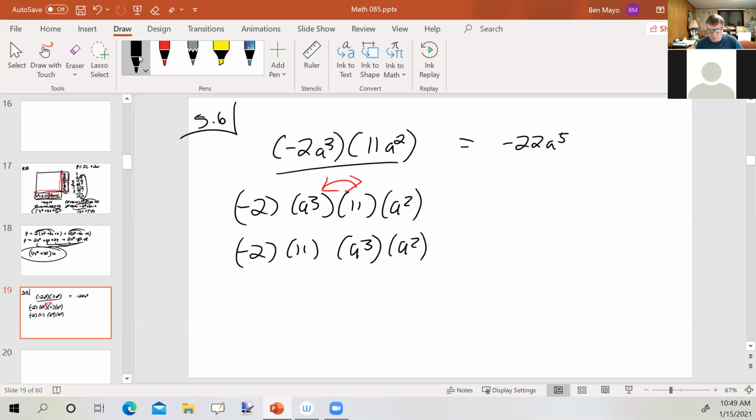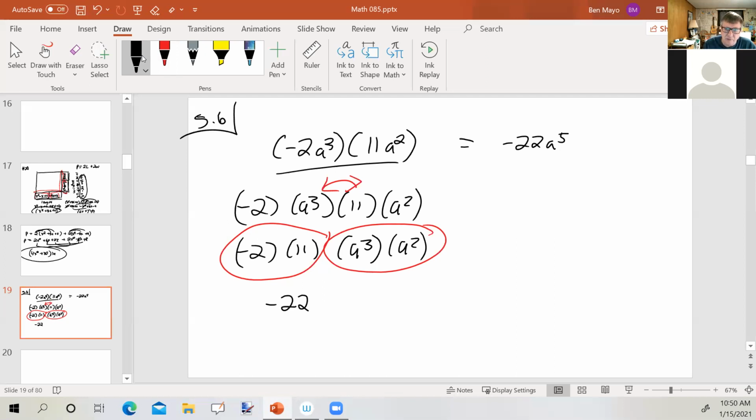Now, why would I want to do that? Because that puts the coefficients together and the powers of a together. Negative 2 times 11 is negative 22. But what about a cubed times a squared? Well, there's a rule you would have learned if you took Math 85, which some of you did and some of you just tested in here.